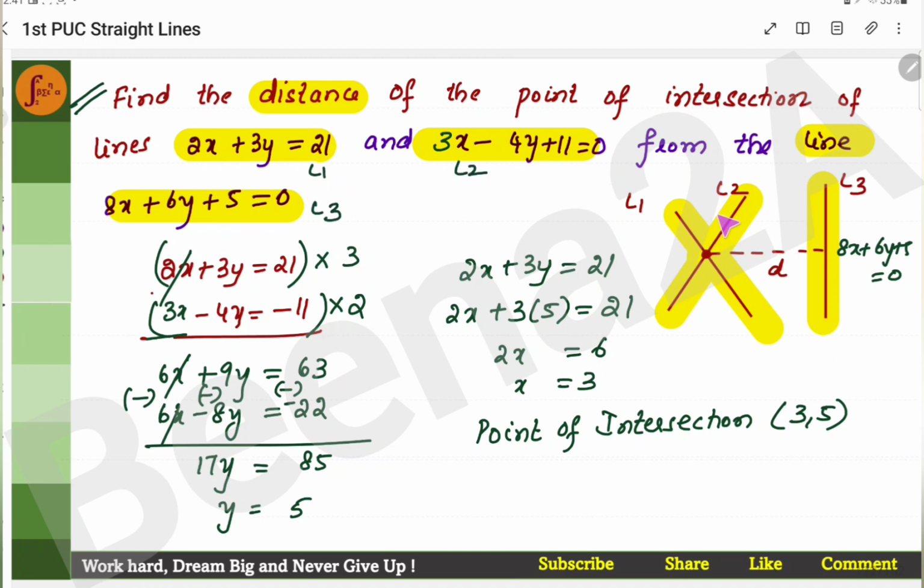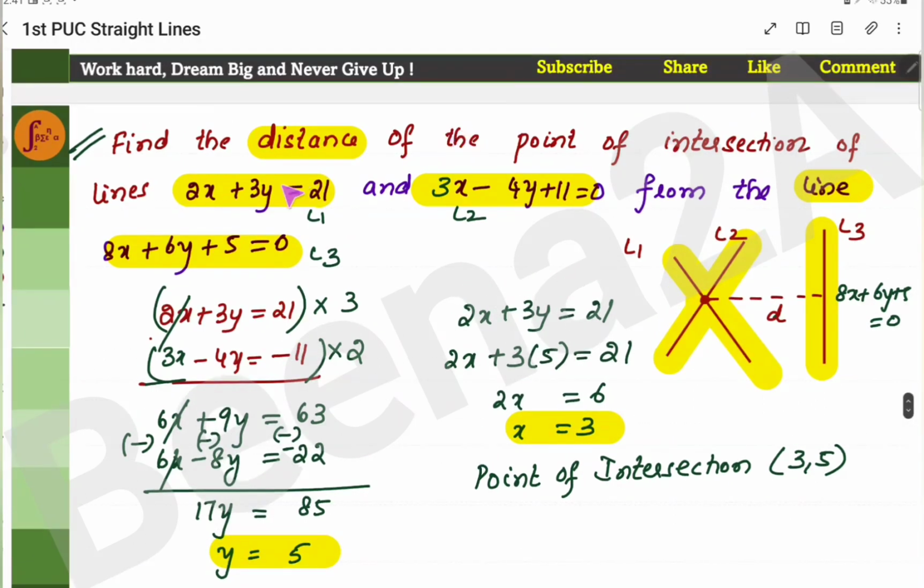So like in the other problems, we have to find the intersection point first. If you know the point, you know the line equation, then you can use the perpendicular distance formula, and then get the distance. So first you find the point of intersection between these two lines, right? You'll get y value and x value. Remember one thing, you have to get this in the form ax plus by plus c.